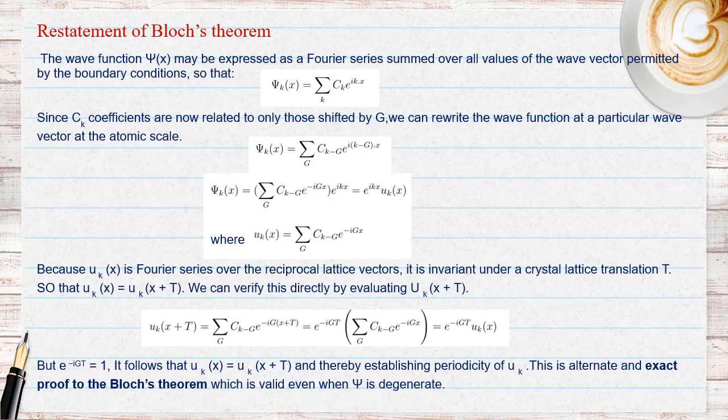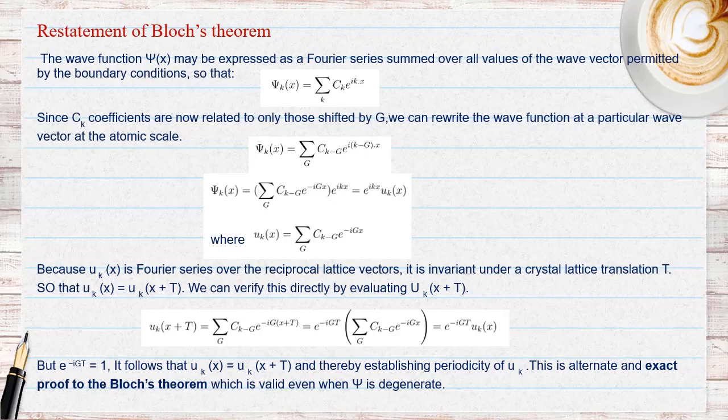Now we are going to show that this expression is correct. For that, we substitute x plus t for x in the above expression of uk of x, so that uk of x plus t becomes the summation over g of ck minus g e raised to minus ig dot x plus t.